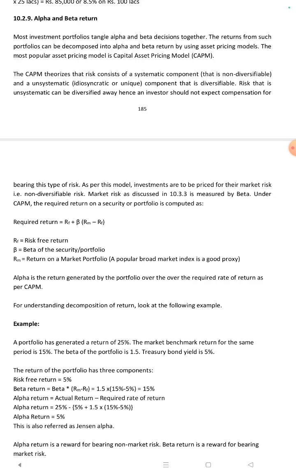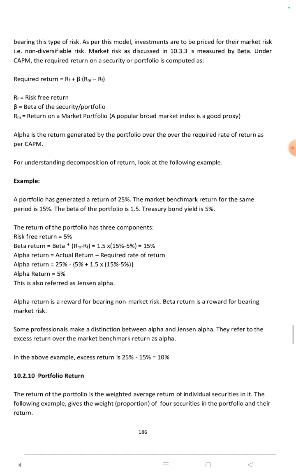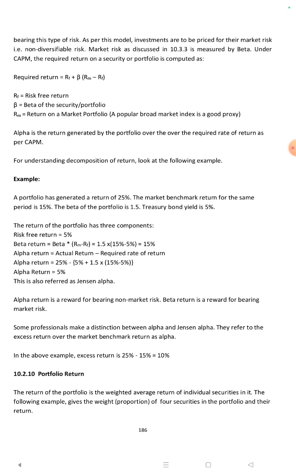Risk that is unsystematic can be diversified away, hence an investor should not expect compensation for bearing this type of risk. As per the model, investments are to be priced for their market risk, that is non-diversifiable risk. Market risk is measured by beta.